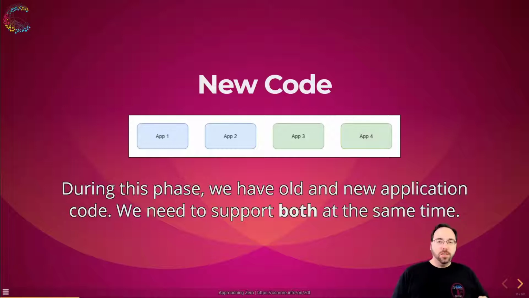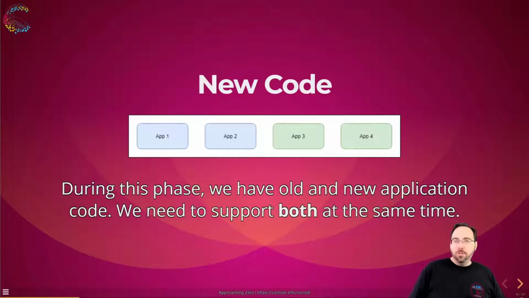Nonetheless, we take app 3 and app 4, and we're going to load the new code onto those servers. During this phase, we have old code in blue, app 1 and app 2. We have new code in green, app 3, app 4. We need to be able to support both of them at the same time because we're bringing app 3 and app 4 back online. Our load balancer is perhaps recognizing that these servers are back up.